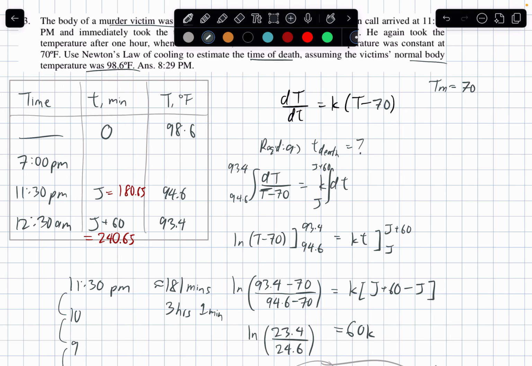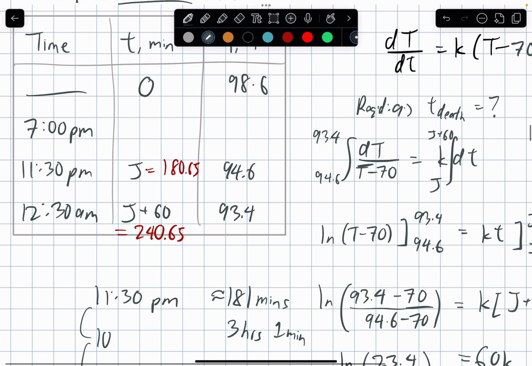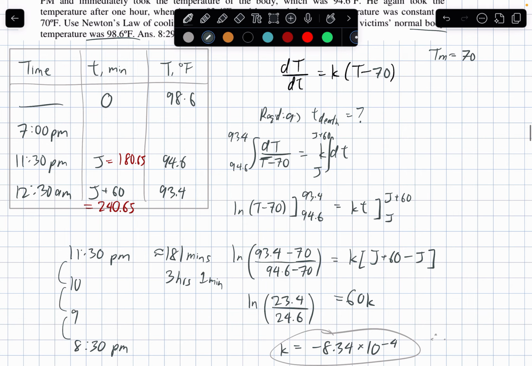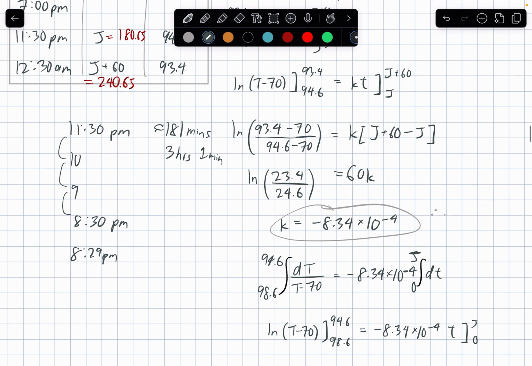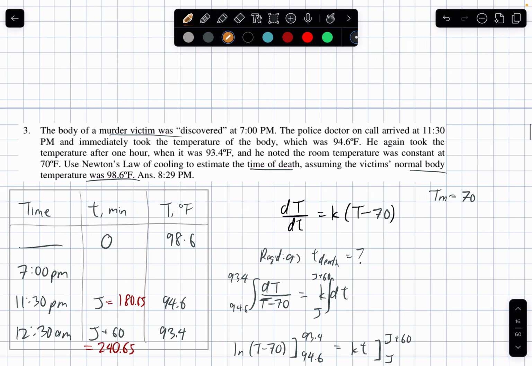That was the time of death. We started with 11:30 p.m., minus the 3 hours and 1 minute, and arrived at the time of death, going from 180.65 to 0. You see the logic? That's why the time of death is 8:29 p.m.